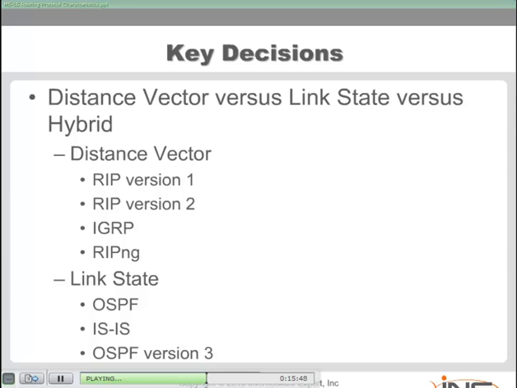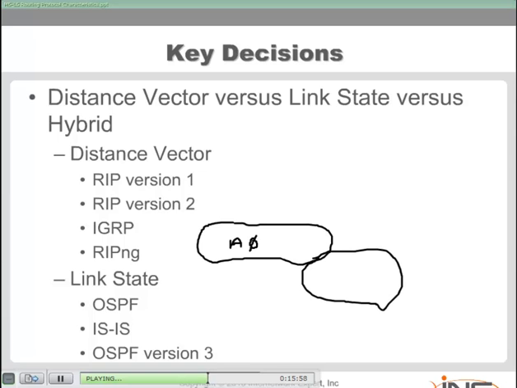So with OSPF, for example, we have this area 0. This is the backbone. And then we can connect an area 10. And one of the nice things that we can do is we can summarize the area 10 information going into the backbone, and we can summarize the backbone area information going into area 10.